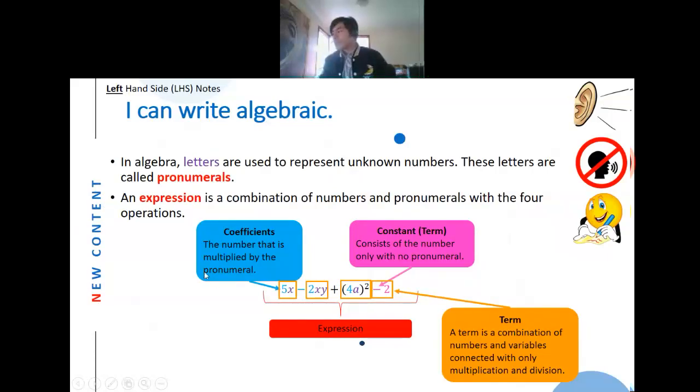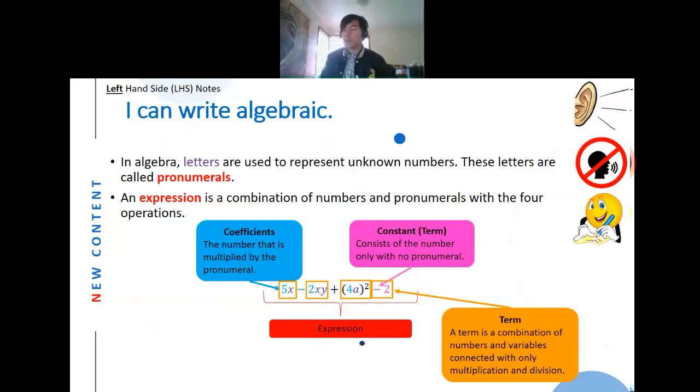Okay, so I'm going to quickly go through the notes. You can write the notes in your own time. You can listen to this video while you're writing down notes. That's fine. So in algebra, letters are used to represent unknown numbers. That's one of the key things there: the letters, they are numbers.